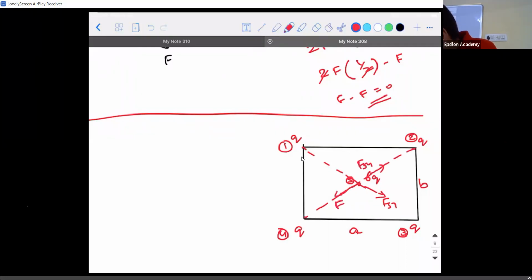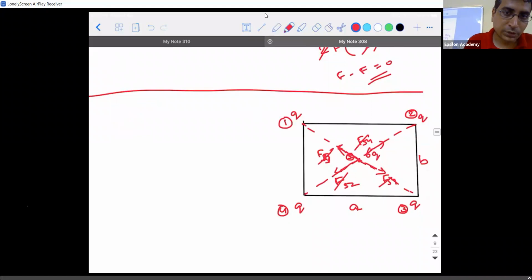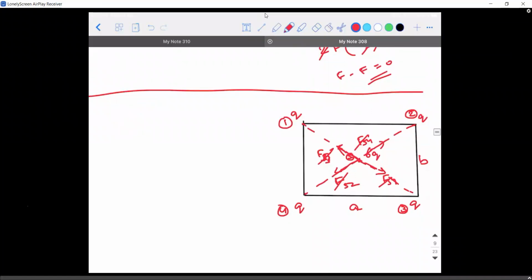F53. So F52 and F54 will have equal magnitude. F53 and F51 will have equal magnitude. So the answer is 0. So wherever you have this kind of a symmetric property, the answer is going to be 0. I hope others also understood.